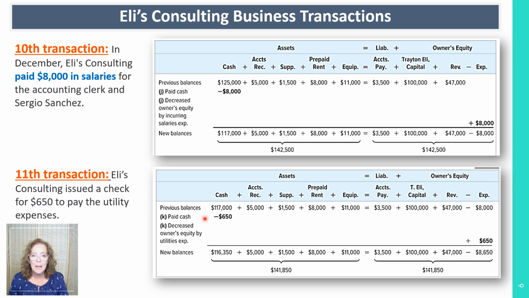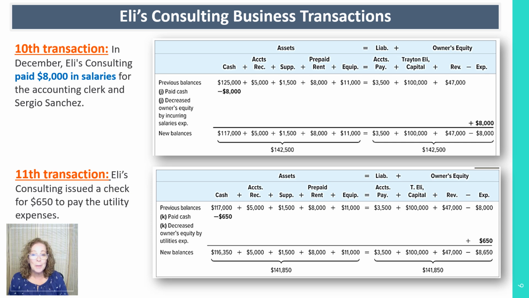So let's write plus $650 into the expense column. Let's add up our columns, enter the new totals for each column and for each side of the accounting equation. Our new totals are $141,850 on the left as well as on the right side.